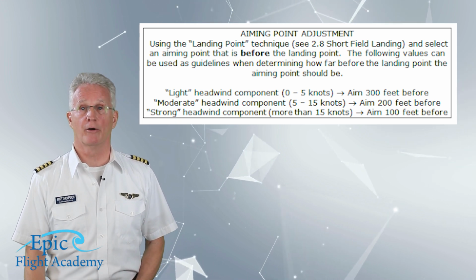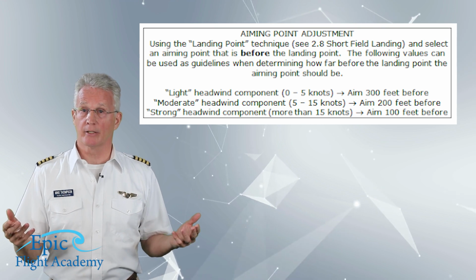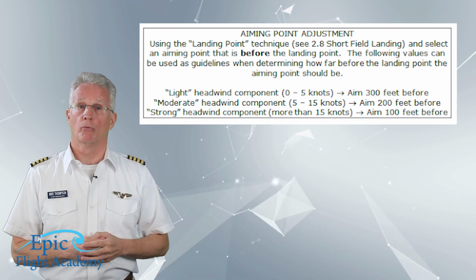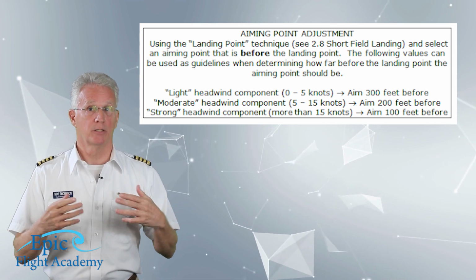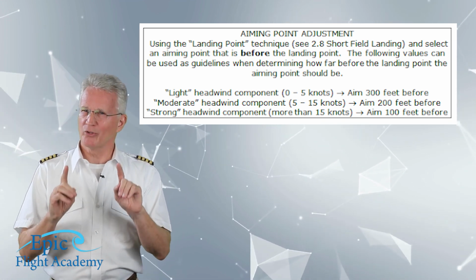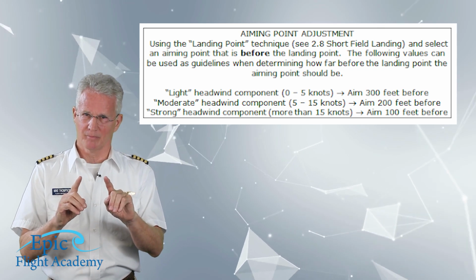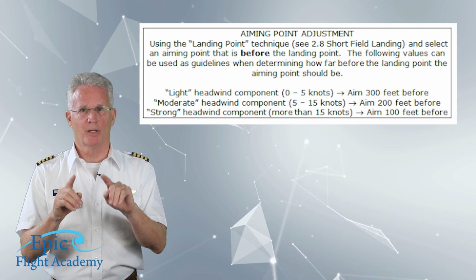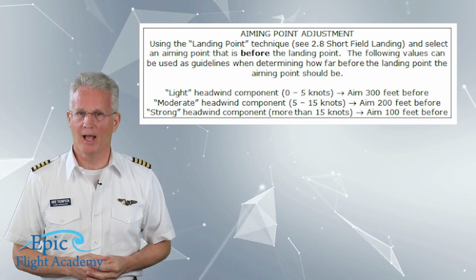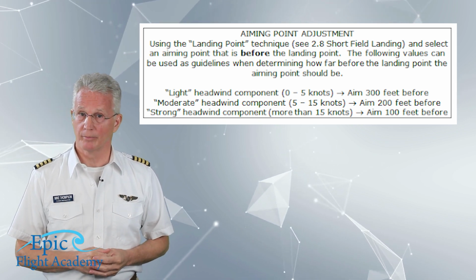So in our scenario, say I select the third runway stripe as my point of intended touchdown. And more specifically, using the landing point technique, I want to place my tires at the top of the third stripe.